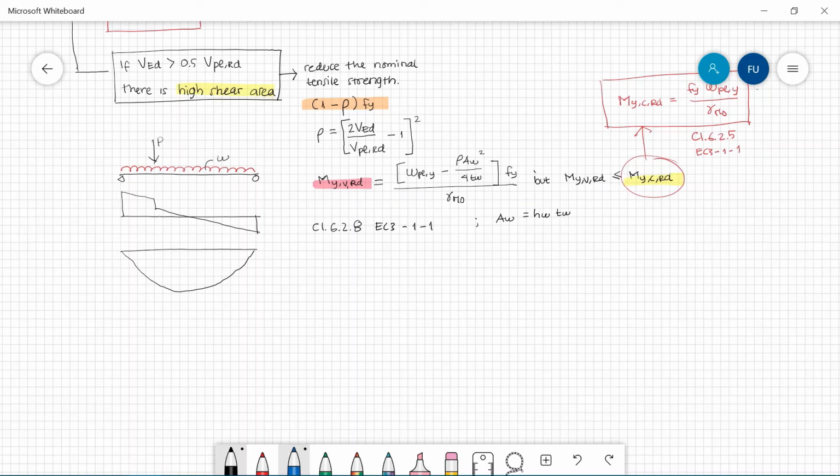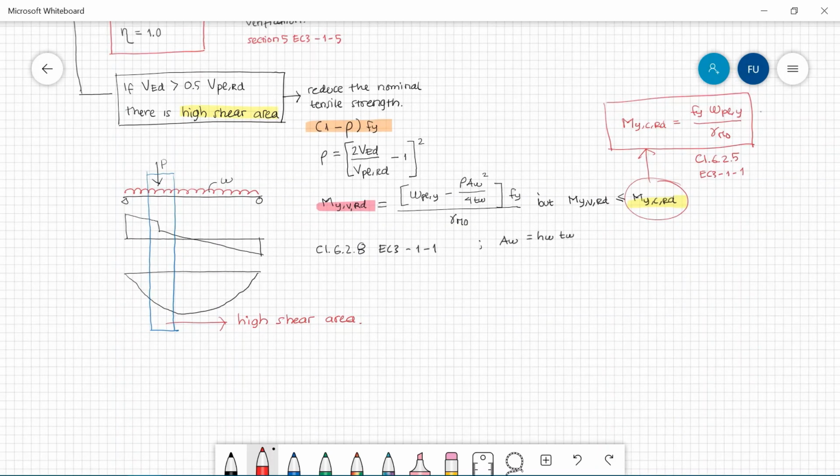So there is a high shear area here. It is not necessary to reduce the design resistance to bending moment MyCRD by MyVRD, it only needs to be taken care of if VED is bigger than 0.5 V plastic RD.